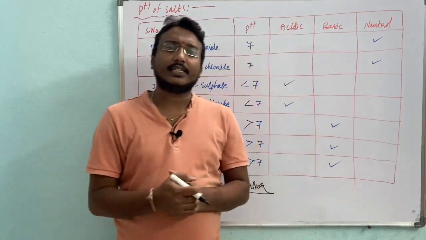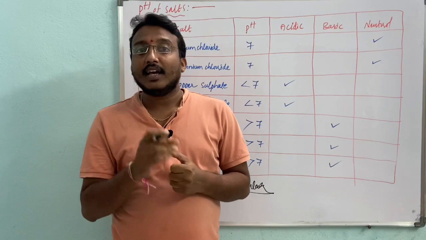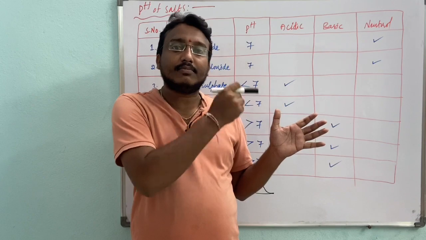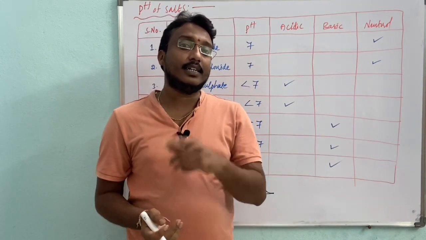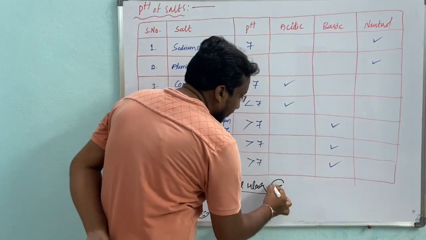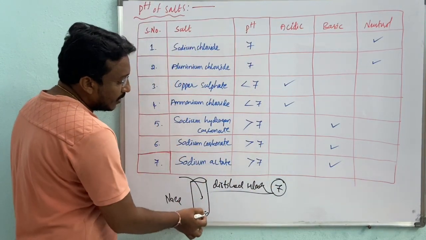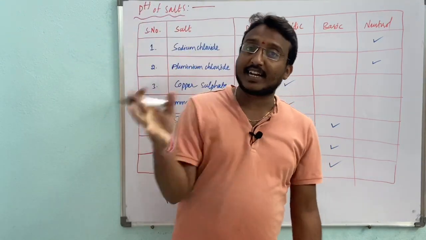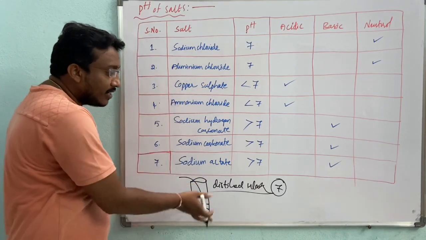Sir, here the question is, why do we have to add only distilled water? Yesterday we found out the pH values of some substances. In that we found distilled water's pH is exactly 7, meaning neutral. If we add distilled water to this salt, the distilled water will not affect the pH of the given salt.